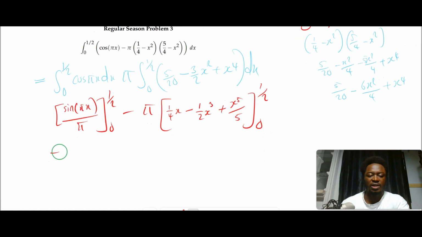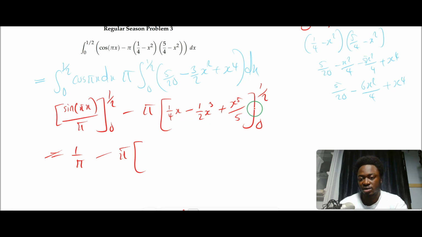So sine of pi over 2 is 1, so this is 1 over pi, and then minus pi times what? Everything goes to 0 at 0, so you plug in half, you get 1 over 8, minus you plug in the half in the second term, you get 1 over 8 times 2, that's 16.